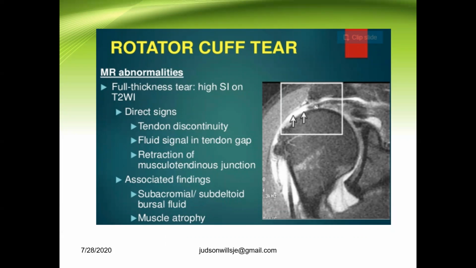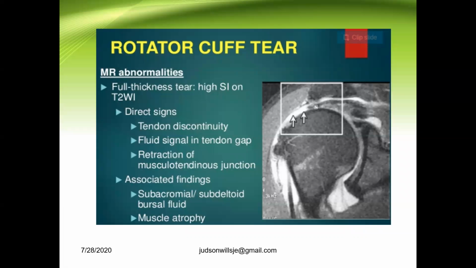So the MR abnormalities that we can diagnose with the MRI: first is full thickness tear. When there is a full thickness tear, it will be a high signal intensity on T2 weighted images. We can see the fluid collection over there.